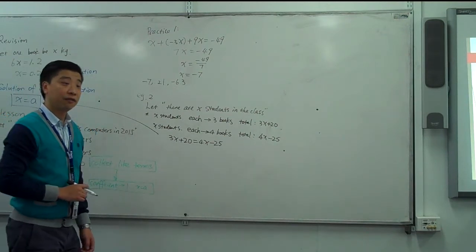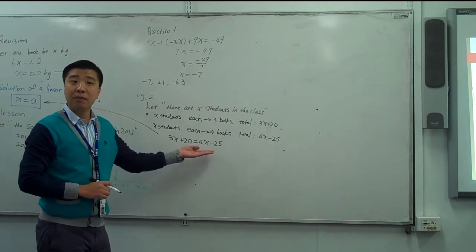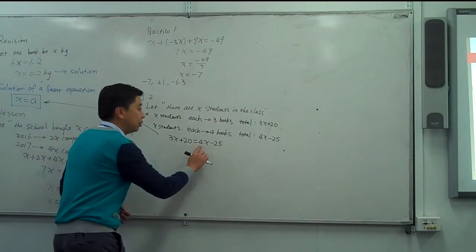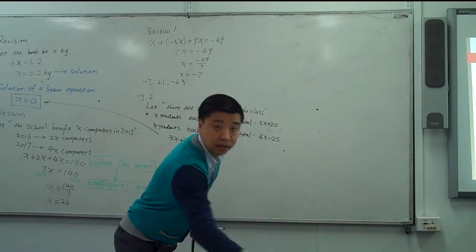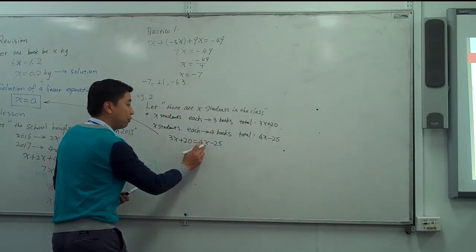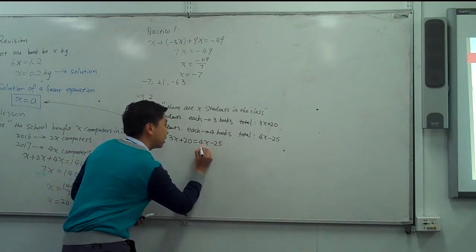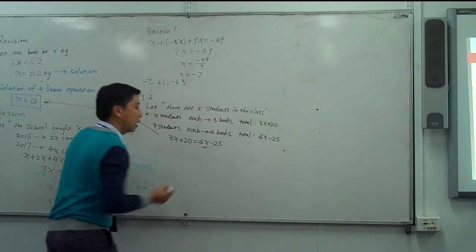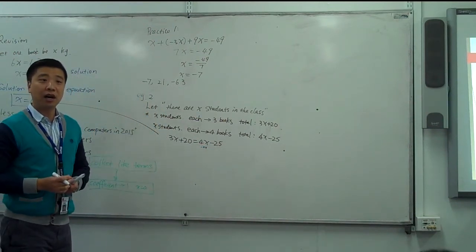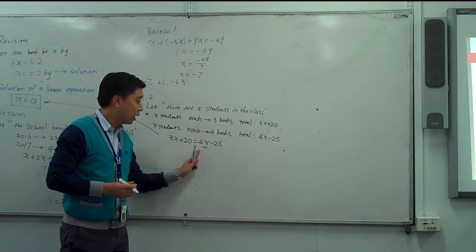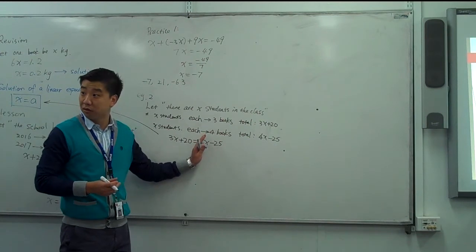Make that negative. Alright, so last year we said I move, I change. The theory is I have to take away 4x on this side. Is that correct? I want to move that here, so I don't need 4x on the right hand side, so I take away 4x. I write that in a smaller font. So if 4x take away 4x, do you still have 4x on the right hand side?